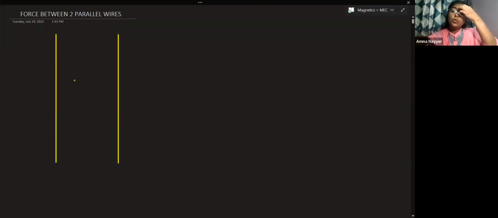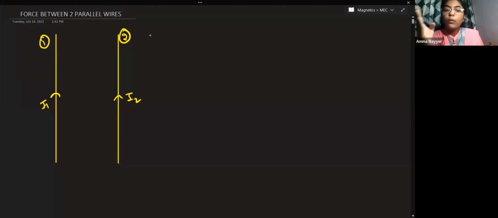Let's say these are two long parallel wires, and this one has the current I1 and this one has the current I2. This is the first one, this is the second one. Now we have to calculate what? We have to calculate the force.